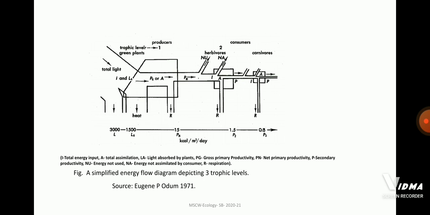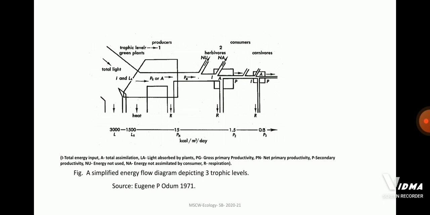Capital P alone will give the information about the secondary production by the consumers. Capital NU will be equivalent to the energy not utilized, which is the energy stored or exported.